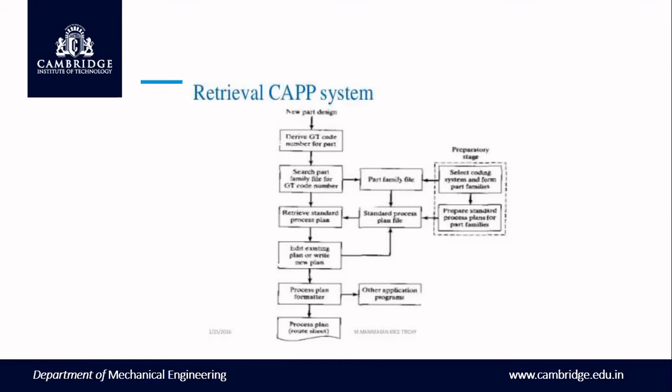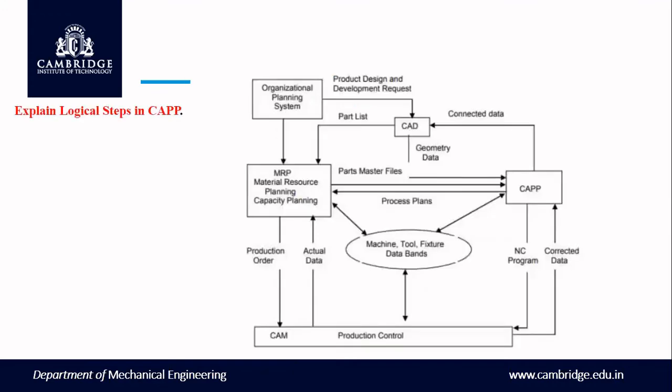What you are supposed to have in a retrieval computer aided process planning system. Okay, these two carry around 10 to 15 marks. You can read very well regarding this. And another thing is the logical steps in computer aided process planning. There are a number of things. Logical steps. That is, the organizational planning system is there. Product development.